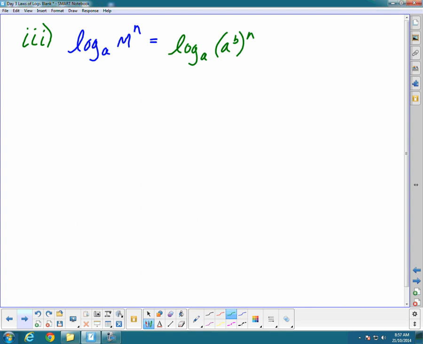What rule do you think I'm using here? What exponent law am I using here when I have a to the b, which is then raised to the power of n? Right. This is where we have one base and two exponents, so you multiply those exponents. So this changes to log a to the a b times n.